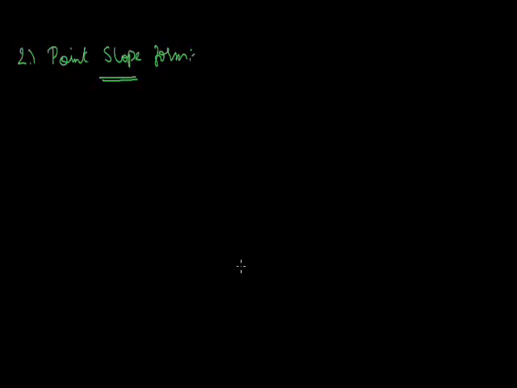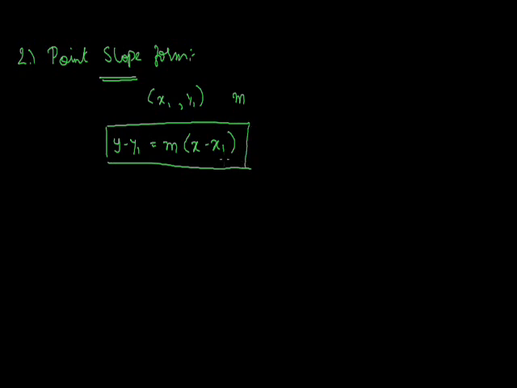Point-slope form says that the equation of the line which passes through a point x1 y1 and has the slope as m is y minus y1 equal to m into x minus x1. This is the equation in point slope form of a straight line.